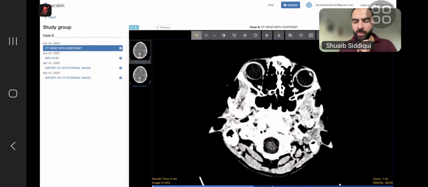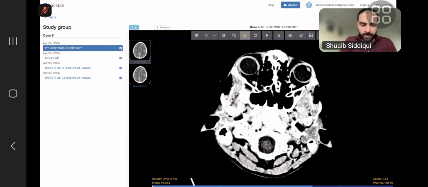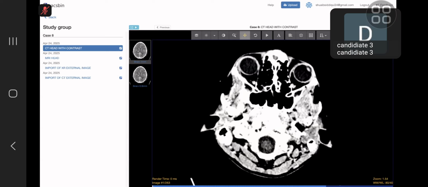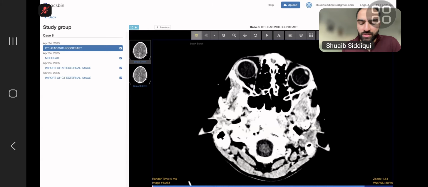So we have a young patient. This is a 12-year-old. They present to the emergency department with headache and fever. So you can scroll. Okay, now scroll.